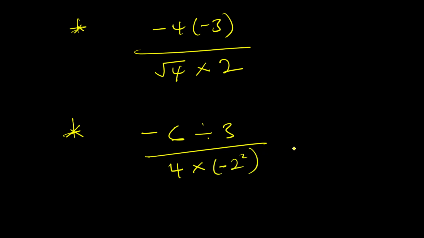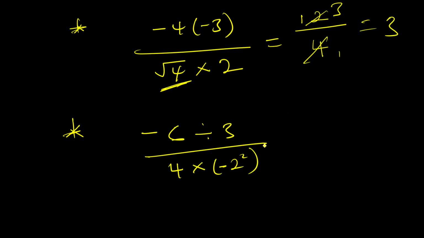Let's look at the two examples here. Very simple. With the first one, I won't waste time here. Let's look at the numerator. We have minus 4 times minus 3. Minus minus will be plus, so we get 12. Now square root of 4. Positive square root of 4 is 2. 2 times 2 is 4. So 4 into 12 is 3 times. So this side is 3.